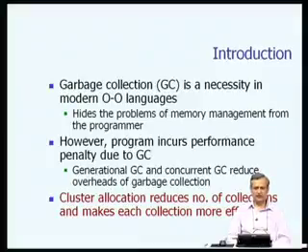Now, cluster allocation reduces the number of collections and makes each collection more effective. So, what is cluster allocation? Basically, if we look at very long living objects and if we are able to collect all of them together in one bunch, we do not allocate memory to those in the same heap that is used for other objects.